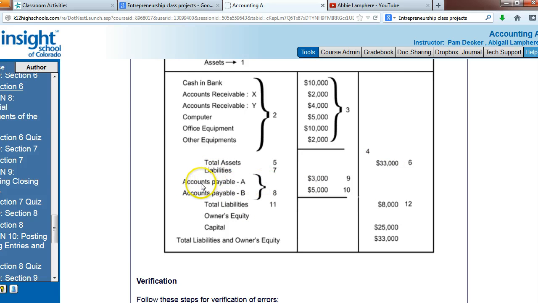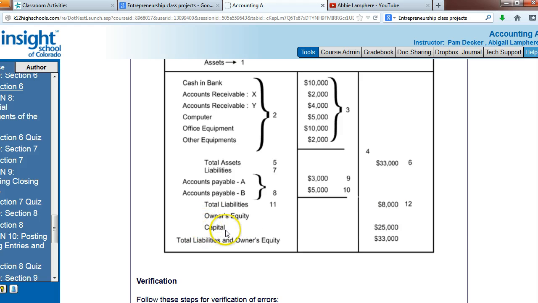Okay, the next section was our liabilities. So we list all of our liabilities, or the accounts which we still owe money. So we have accounts payable A, we owe $3,000, accounts payable B, we owe $5,000. We add those together, draw a single rule, and list the total liabilities over in this right column. And then we just have one owner's equity account. So this is the third section.